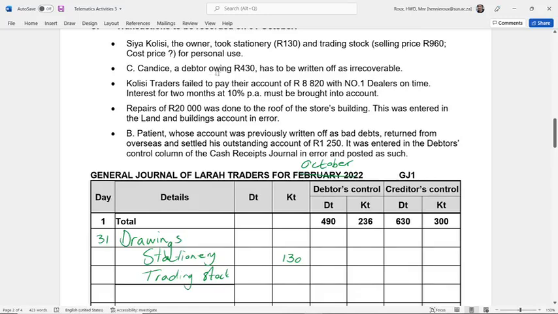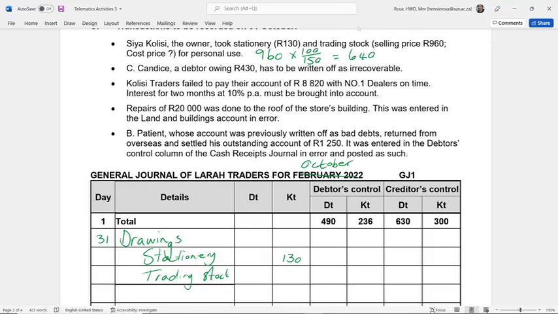And then we must calculate the cost price, because whenever the owner takes or whenever we donate trading stock, it's always at cost price. We've got the selling price, the 150, so we know the cost price of what the owner took was 640.